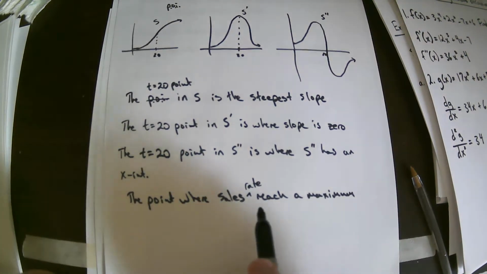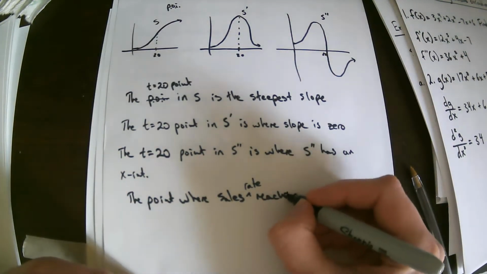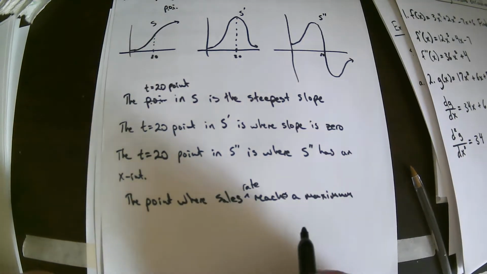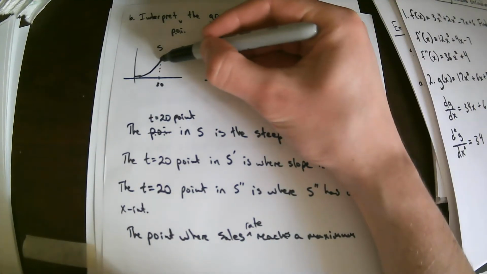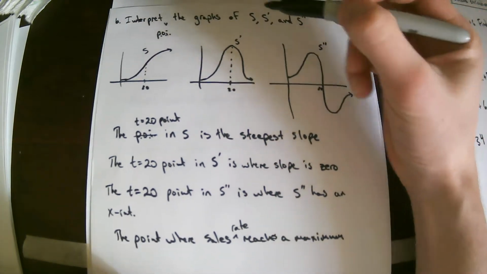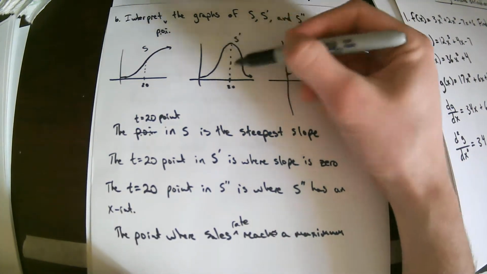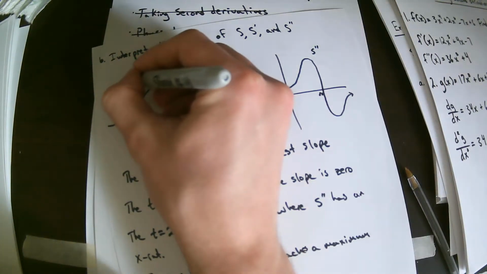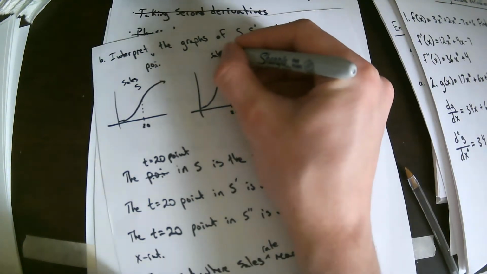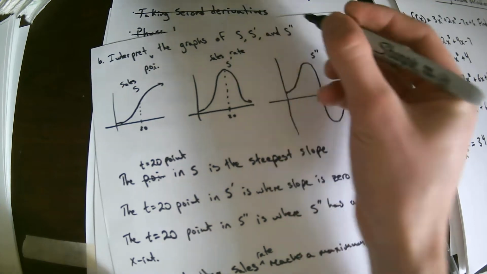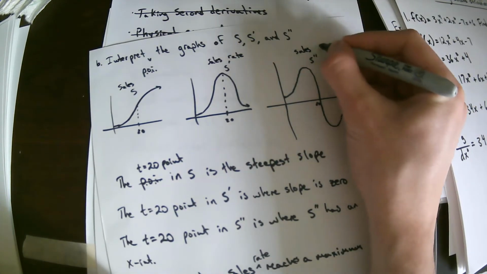Where the sales rate reaches a maximum, that's going to be the steepest slope for the sales function. The maximum value for the derivative, because this is sales rate, right? This is sales rate, and this is sales acceleration.